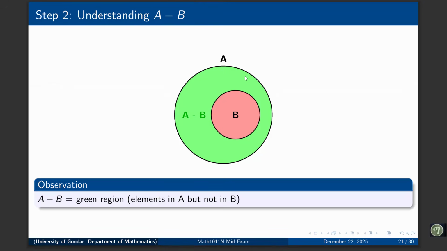The green region represents those elements included in A but which are not elements of set B.